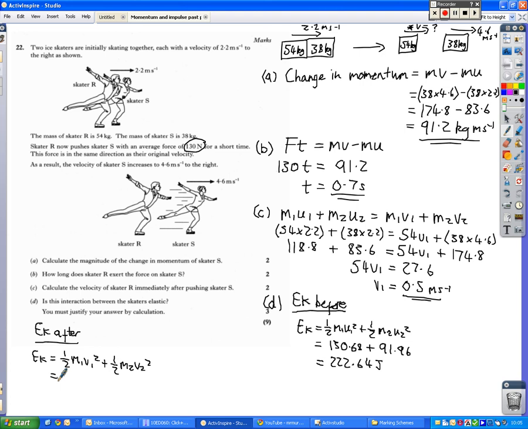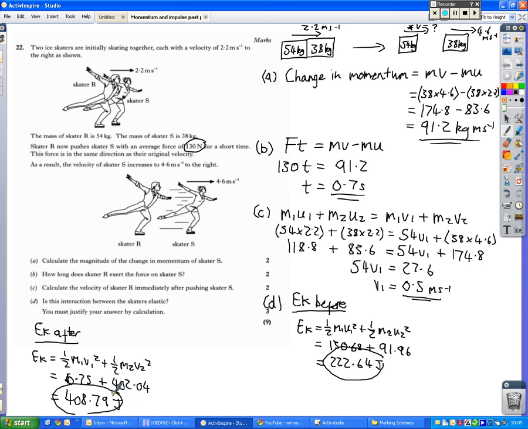You'll get 6.75 plus 402.04, and you'll end up with 408.79. So that's your EK after. It's obviously more than your EK before.